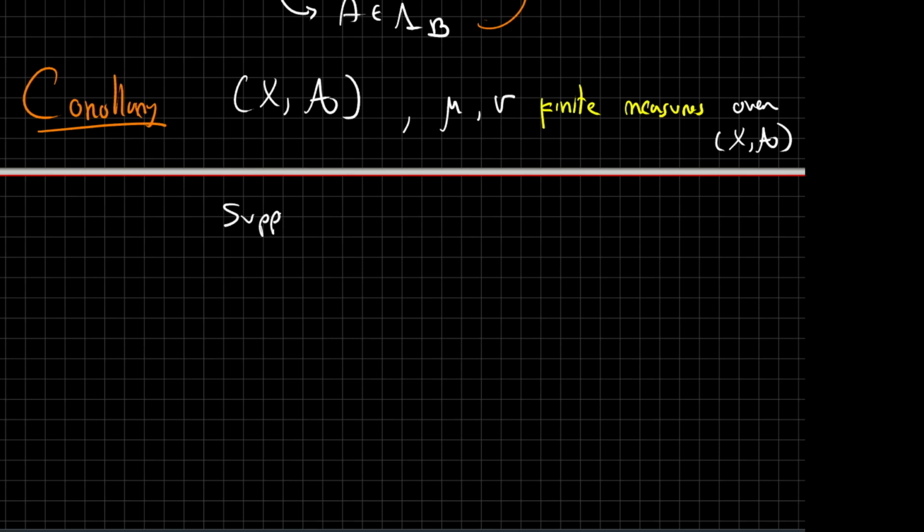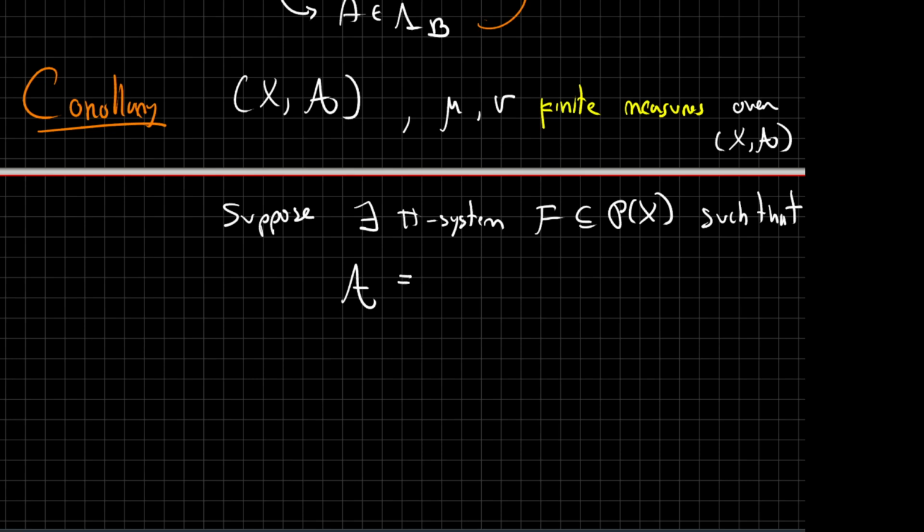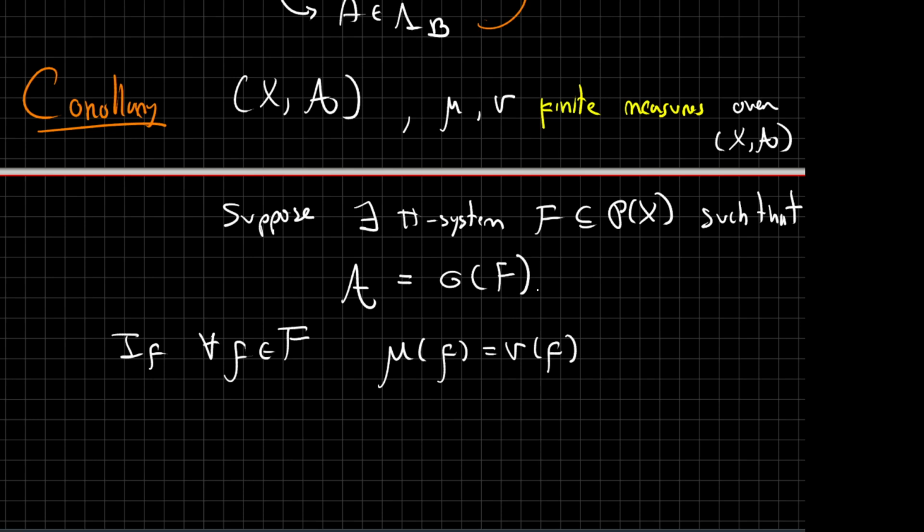And suppose that there exists some pi system f such that the sigma algebra is equal to the sigma algebra generated by f. So if this happens, then if for every element of this family we have that the two finite measures take the same values in this particular subset, then they are equal.